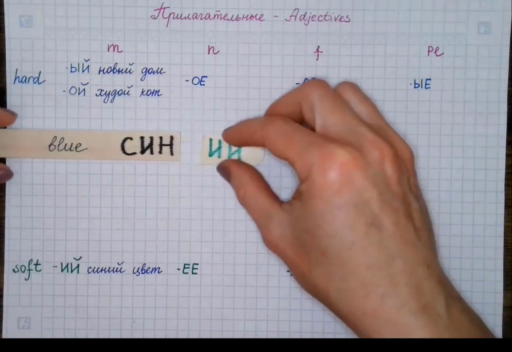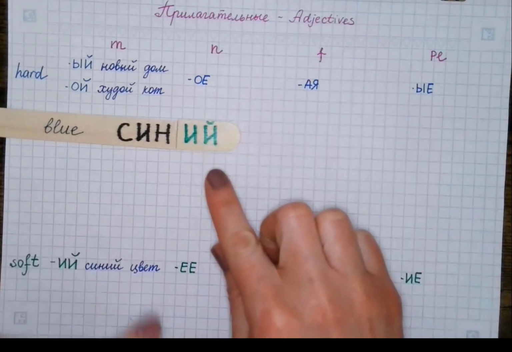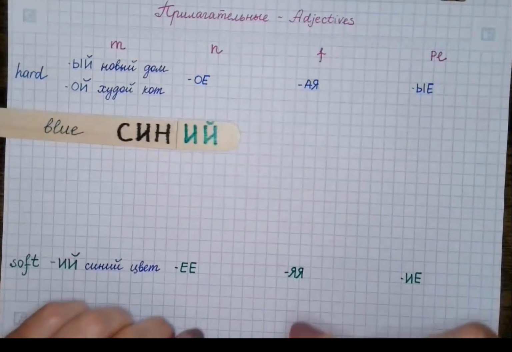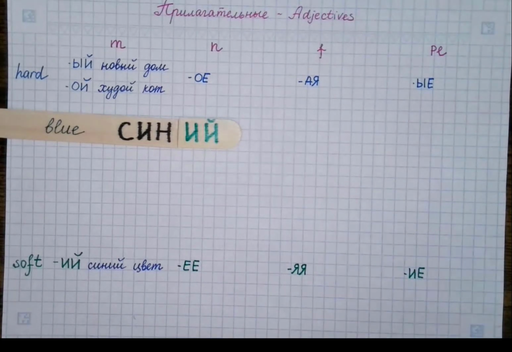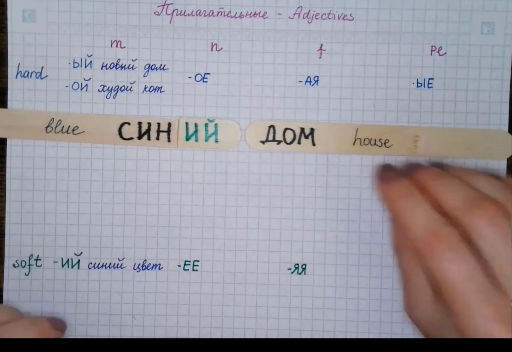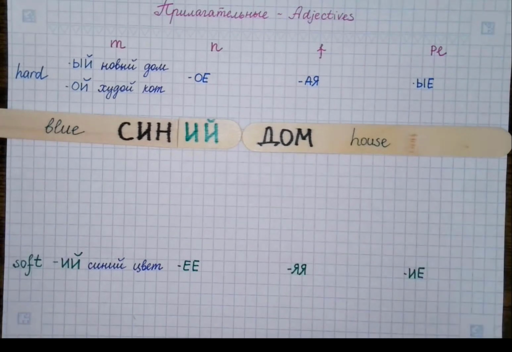And now let's take a look at the word синий. So синий has the ending ий, and it's a soft ending. So all changes will follow the soft patterns. So once again, we use синий with the masculine nouns. For instance, to say a blue house, we'll use the masculine default form, синий дом.